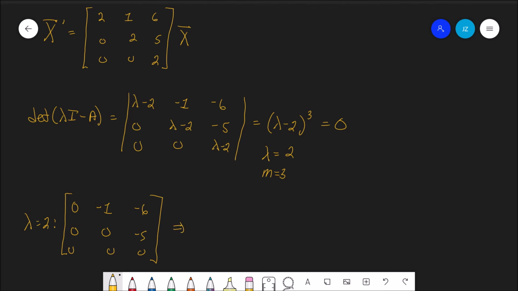So this will give us the system x2 is equal to negative 6x3, and x3 is equal to 0.